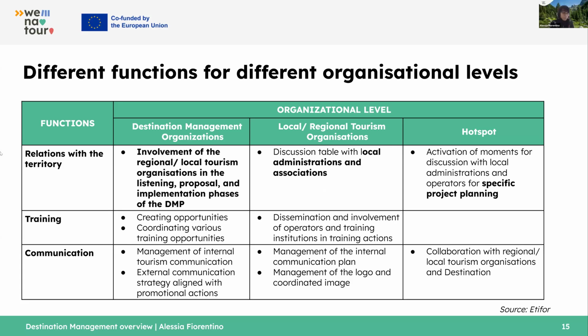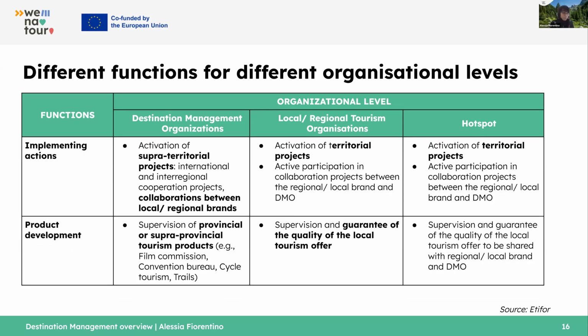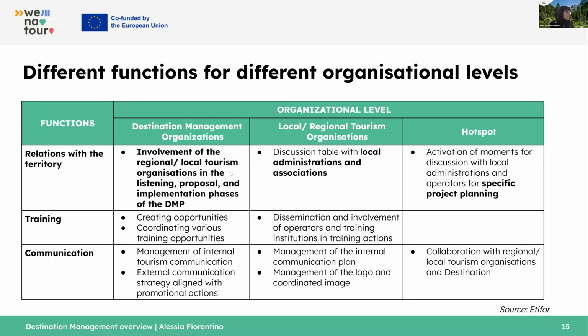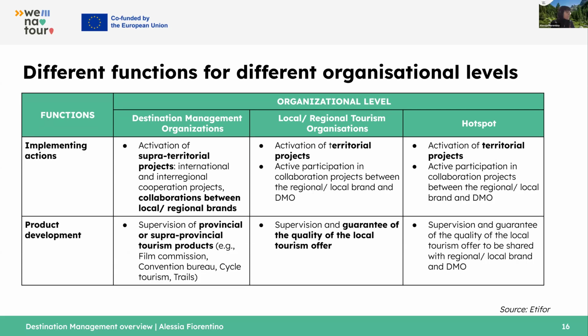Then what about, sorry, I wanted to speak about training. Maybe the DMO creates opportunities for training while the local level helps disseminate this training. About the tourism product, it is developed at a wider level. This is a very important point I would like to stress. The DMO manages complex products such as the film commission or bike and hike tourism products.